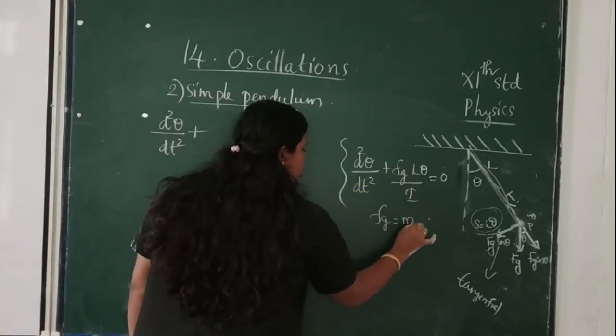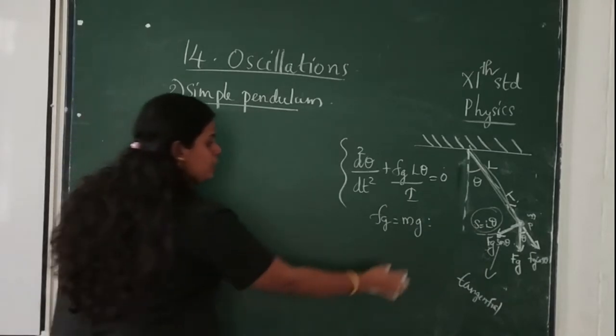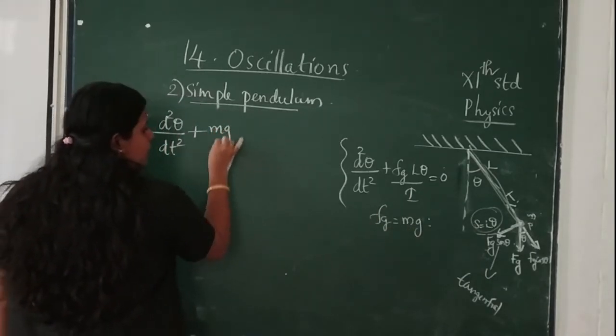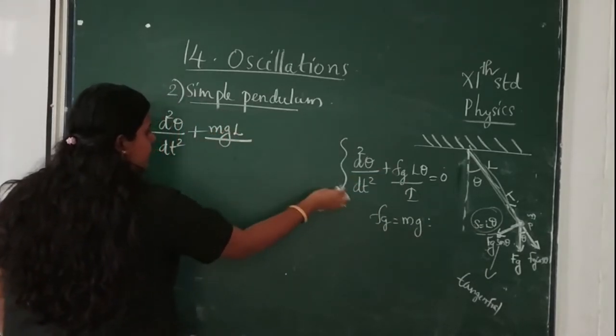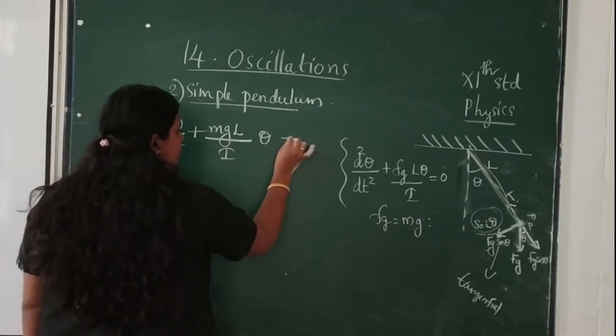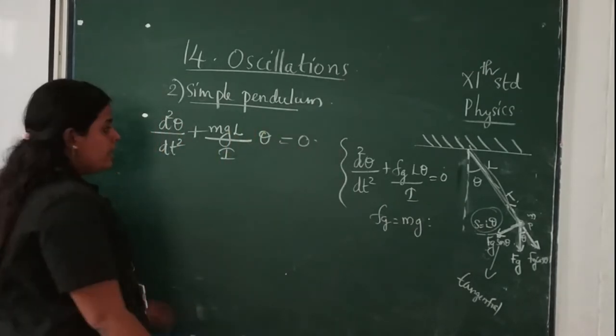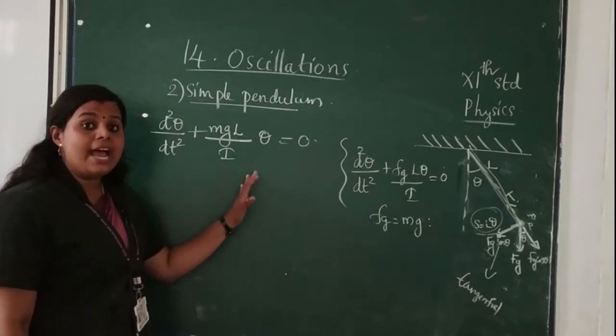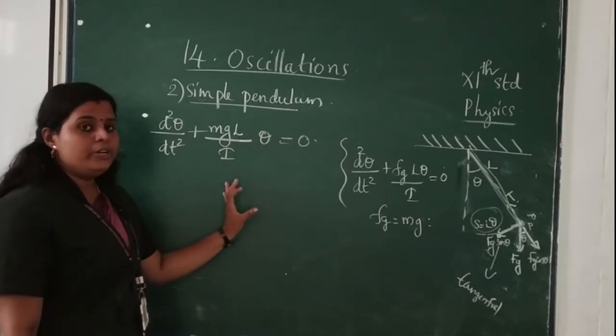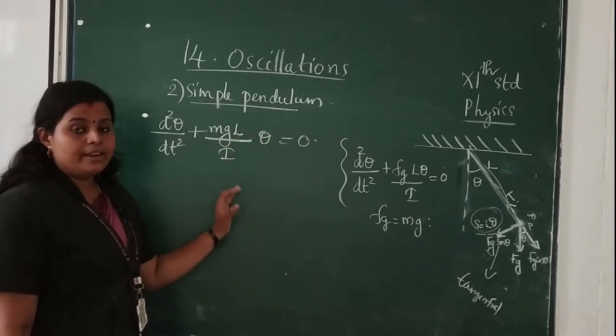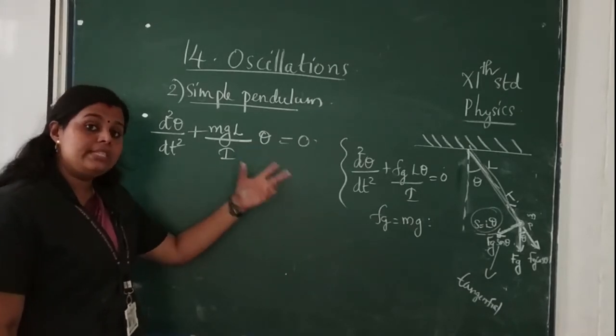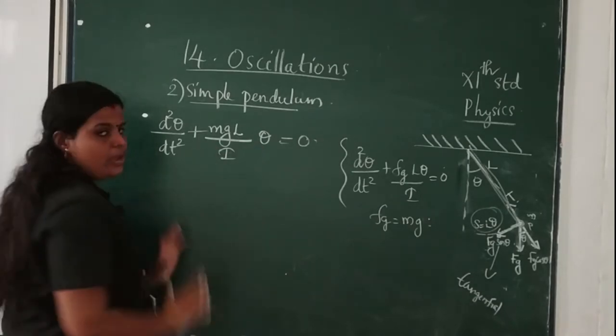It is equal to mg, right, equivalent to the weight. So mg L divided by I into theta equal to 0. Listen children, now it is in a standard form. Okay, here we got a differential equation representing the oscillation of a simple pendulum.